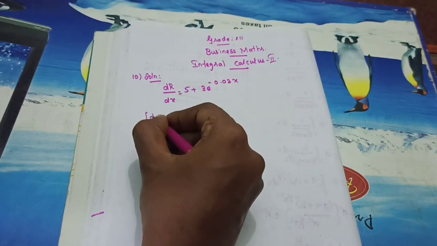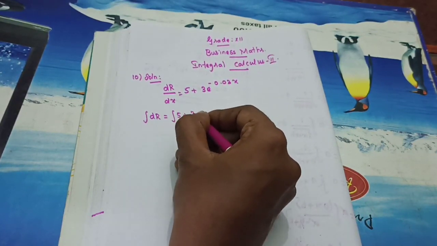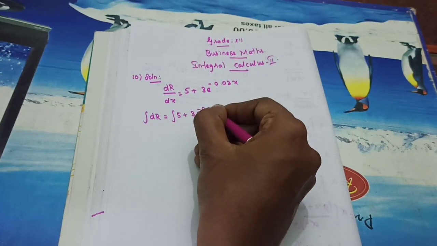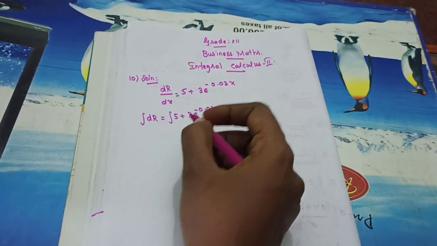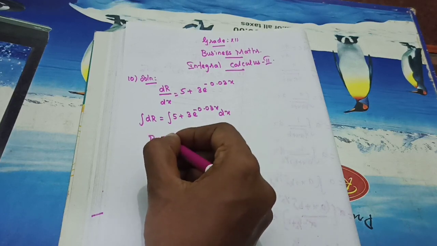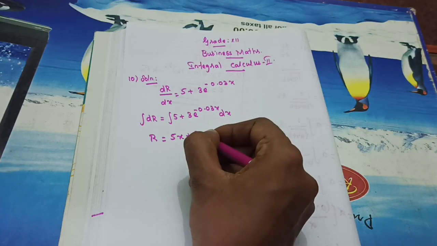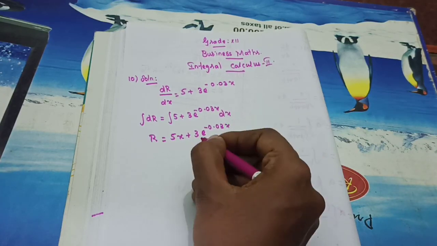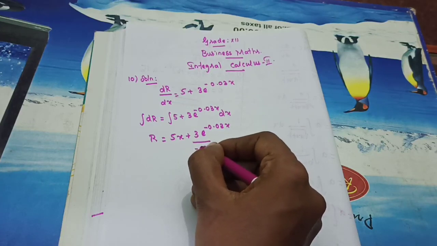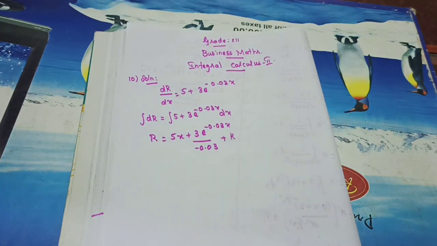That is, integrate dR is equal to the integral of 5 plus 3 e power minus 0.03x into dx. Okay, so R is equal to the integral: 5x plus 3, which is a constant, e power minus 0.03x divided by minus 0.03, plus constant k.